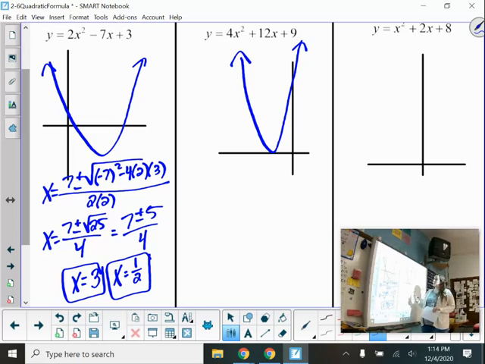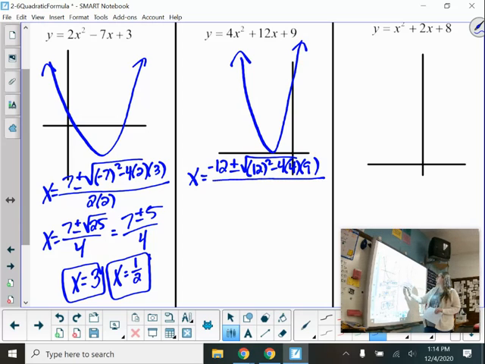So if we look at this one with the quadratic formula, I have x equals -12 plus or minus the square root of 12 squared minus 4 times 4 times 9, and then that's all over 2 times 4.